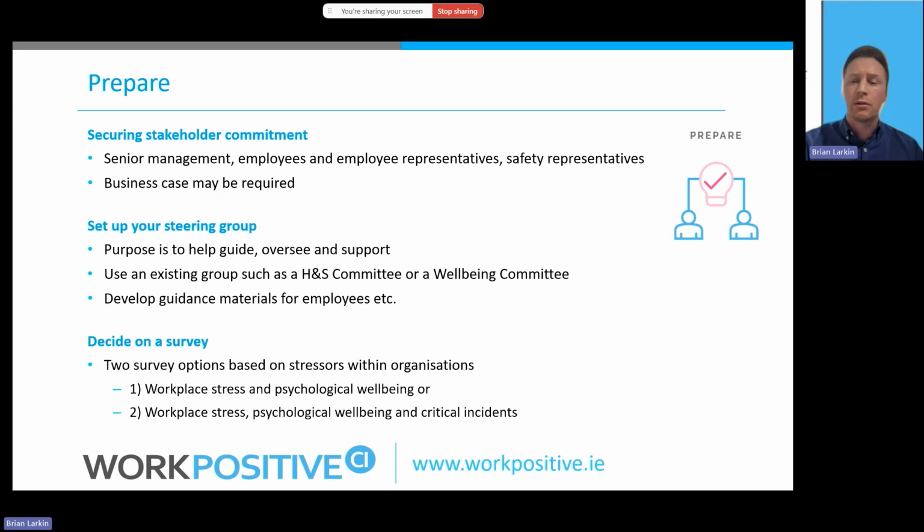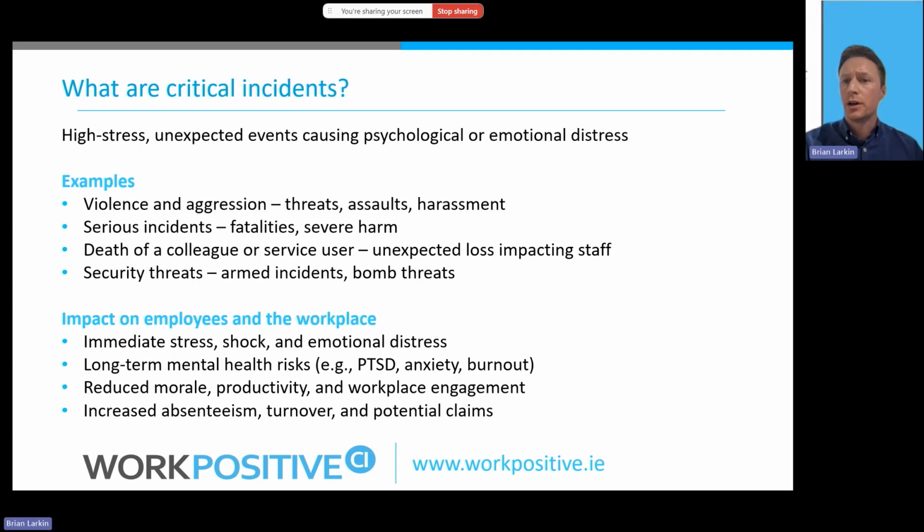And just to talk about critical incidents briefly, what are these? Essentially, they are unexpected, high-stress events that can cause distress and emotional distress to organisations. It could be an issue around violence and aggression in the workplace, where there's an assault on staff. It could be a fatality within the work environment, where your staff are exposed or impacted.